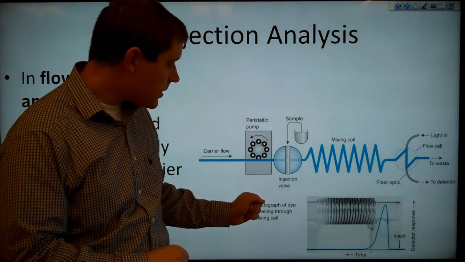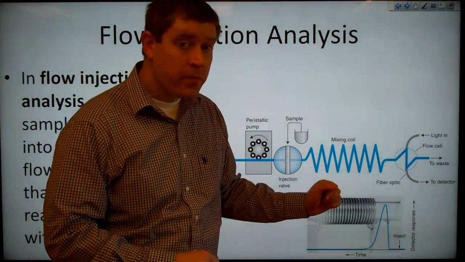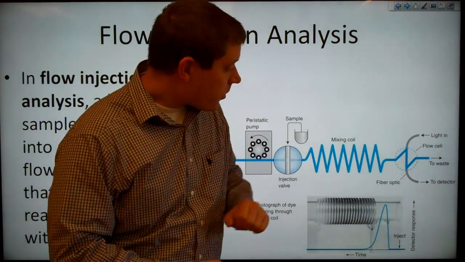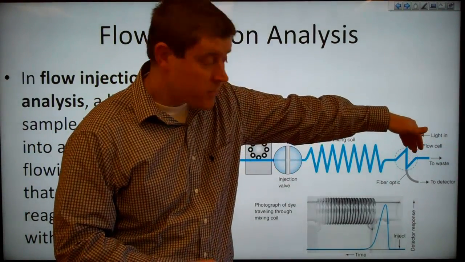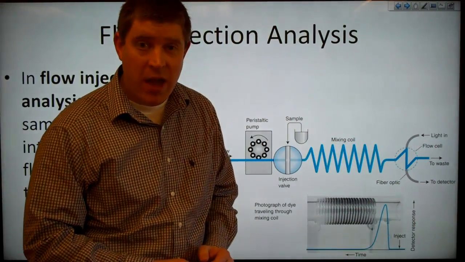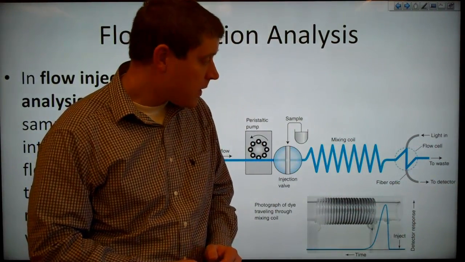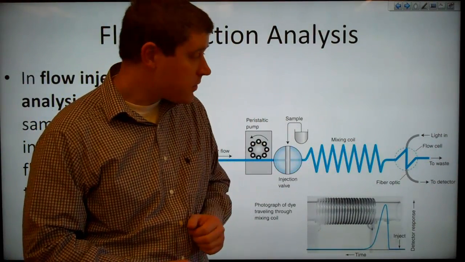Our sample is injected here at our injection valve, goes through the mixing coil, and then over here it goes through our flow cell. We've got some light path in, generally through a fiber optic cable. We've got our light path out going to our detector, and then our carrier plus sample goes to waste.